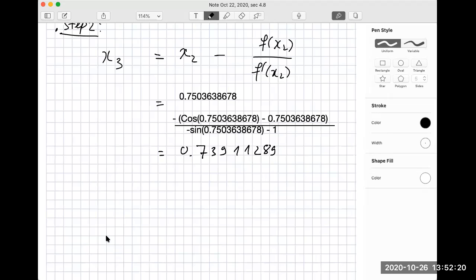Now find the difference between x2 and x3, please. And tell me what the difference is.